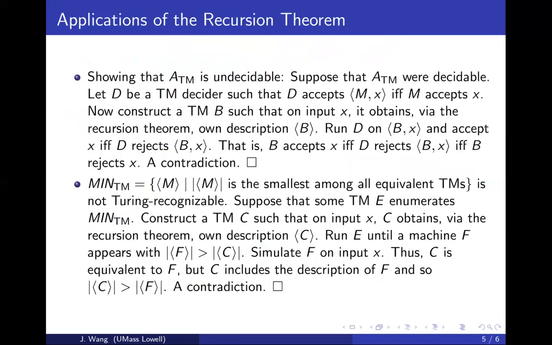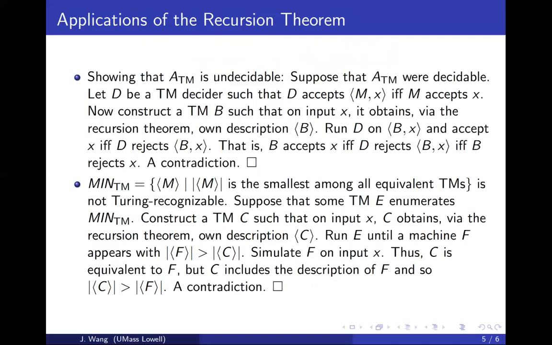Okay, so now let's look at the first example: showing that A sub TM is undecidable. Remember we proved it using diagonalization. Now suppose we have the recursion theorem. How can we prove it's not decidable? Suppose, by contradiction, that A sub TM were decidable.